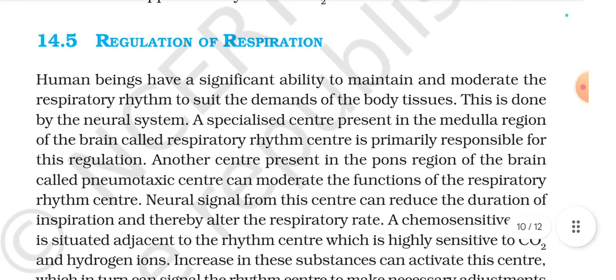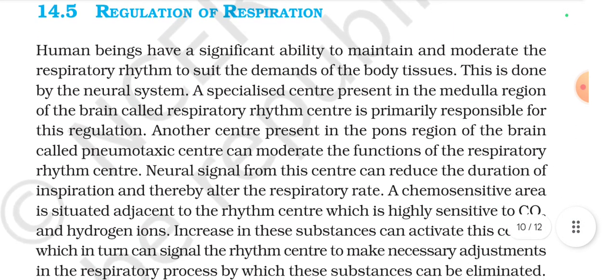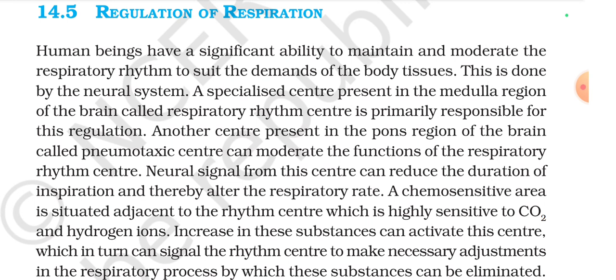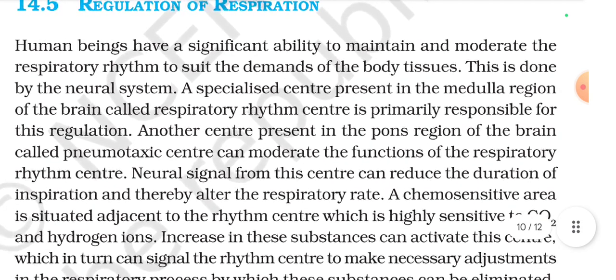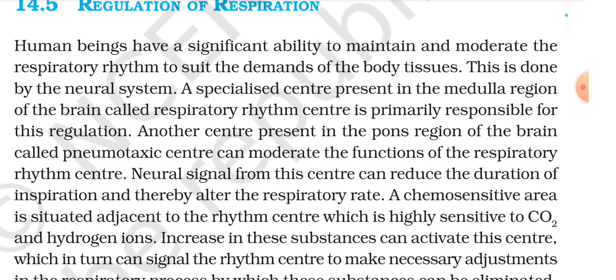Next heading is regulation of respiration. Human beings have a significant ability to maintain and moderate the respiratory rhythm to suit the demands of the body tissues. This is done by the neural system. A specialized center present in the medulla region of the brain called respiratory rhythm center is primarily responsible for this regulation.